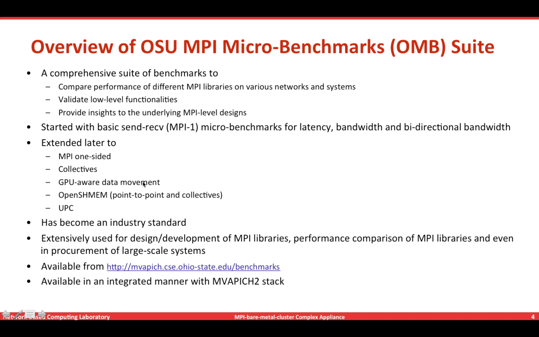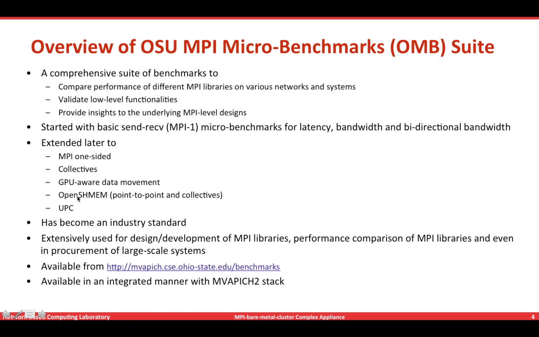This OMB suite started with basic send-receive micro-benchmarks for latency, bandwidth and bidirectional bandwidth. Later on, we extended this benchmark suite to cover more functions like MPI one-sided operations, MPI collective operations, and also GPU-aware data movement.